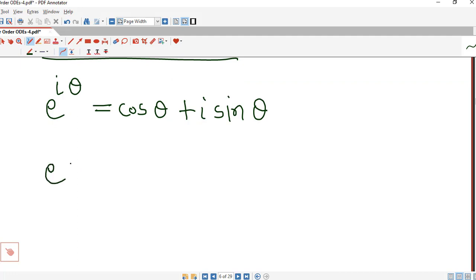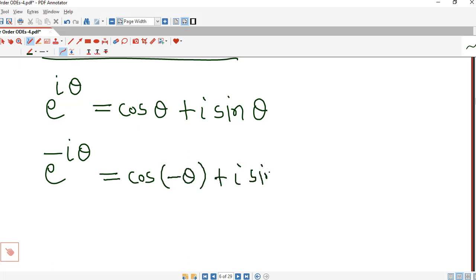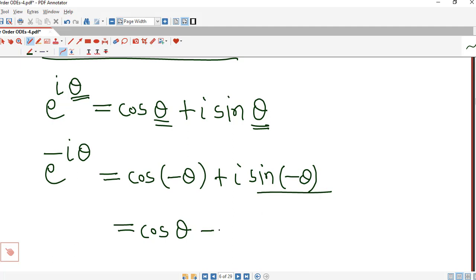So instead of theta, suppose we have minus theta, then we will have cosine of minus theta plus i into sine of minus theta. Here we replace theta by minus theta, but cos is an even function, so cosine of minus theta is equal to cosine of theta, and sine is an odd function, so we have minus i sine theta.